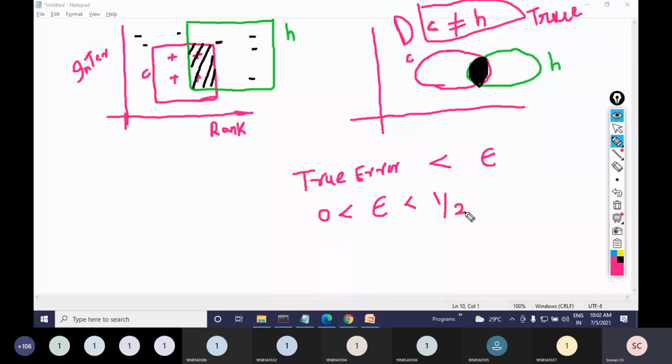So the range of epsilon is 0 to 0.5. The error which a hypothesis can commit must be less than epsilon. I can represent this with a mathematical equation, P of C XOR... why XOR operation?